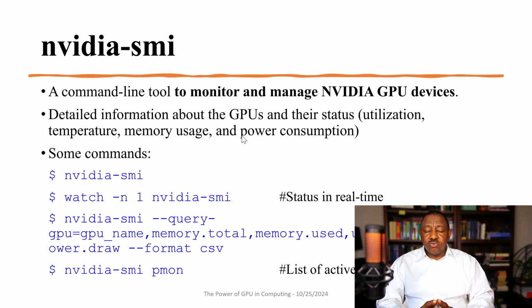Once we get a computer and want to know whether the CUDA toolkit is installed in the system, we need to run this command: nvidia-smi. Once we run it, if we get output, that means CUDA is already enabled.